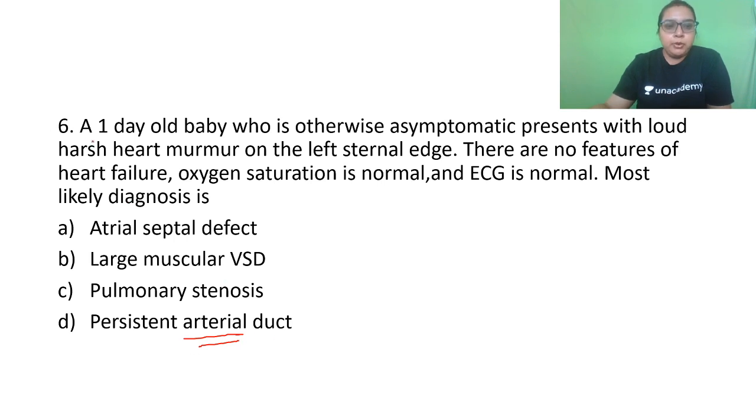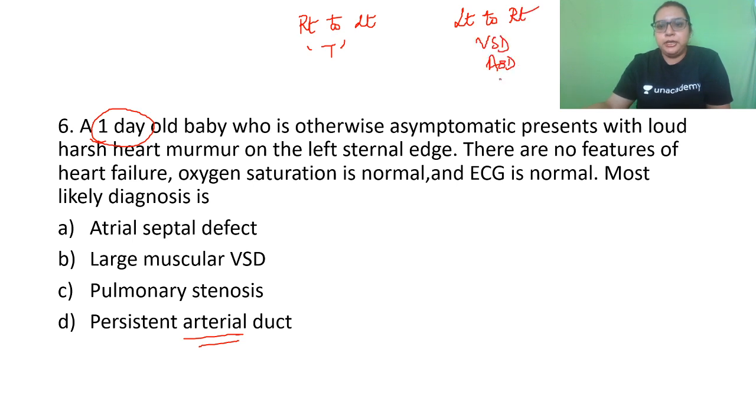But please remember one thing. It's a 1 day baby. The mnemonic is like, if right to left shunt, you know those are the T's. All cyanotic heart disease T's are right to left shunt, and left to right shunt are VSD, ASD and PDA.